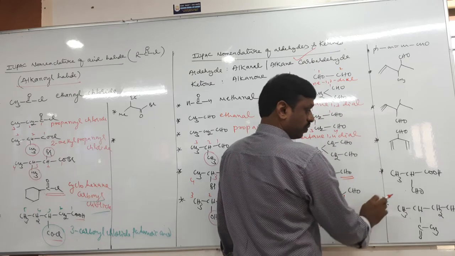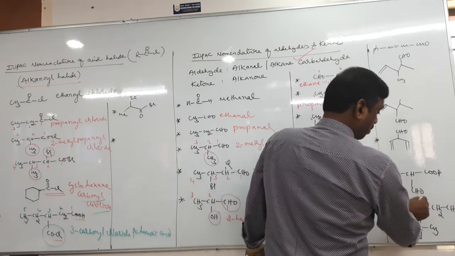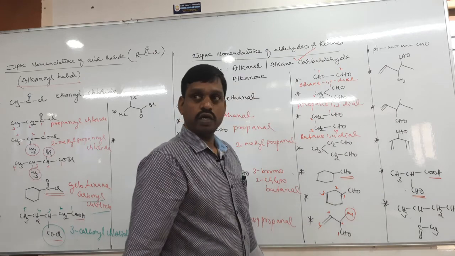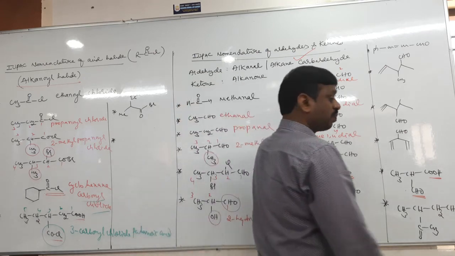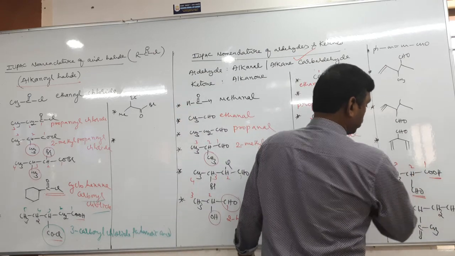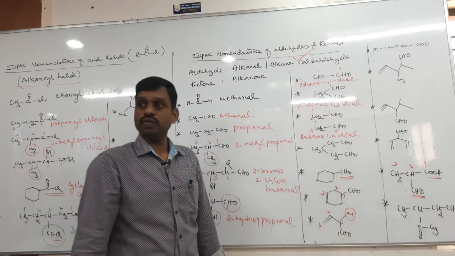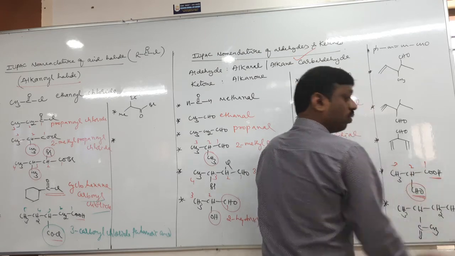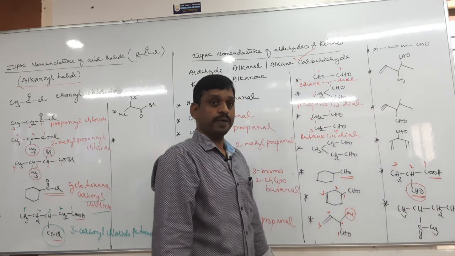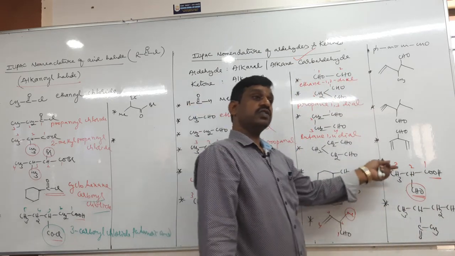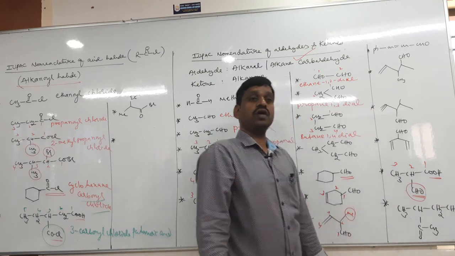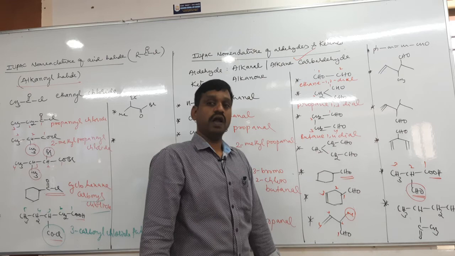I'll do the last two. Tell me, here there is a carboxylic group and an aldehyde group. So here the carboxylic group is the principal functional group. 1, 2, 3, right? Now the aldehyde is a substituent. If aldehyde is a substituent, what is the name? It is called aldo or formyl.